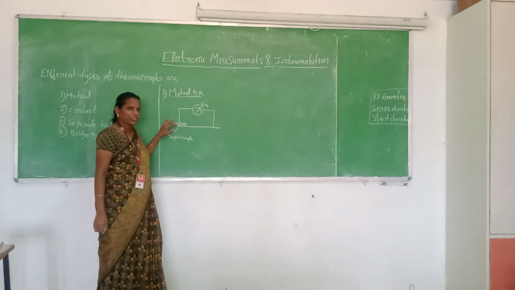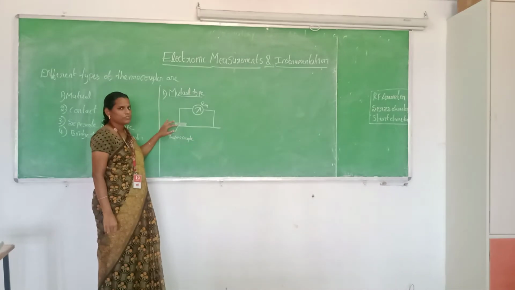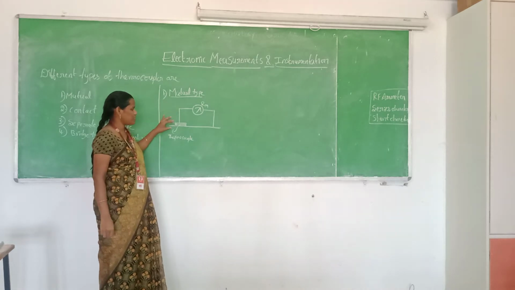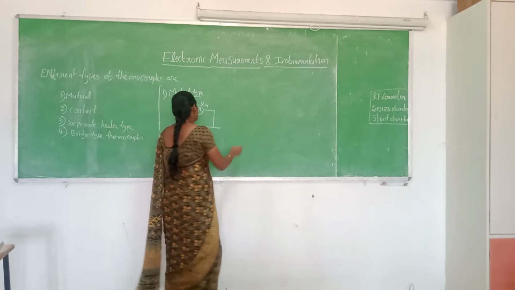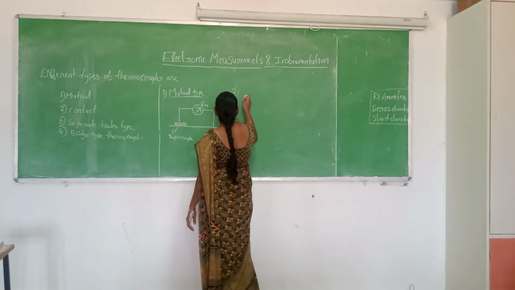So this is the thermocouple contact, which is the contact between the two dissimilar metals. So this is the mutual type of thermocouple, which is used along with the PMMC instrument. Next, the second one is the contact type.